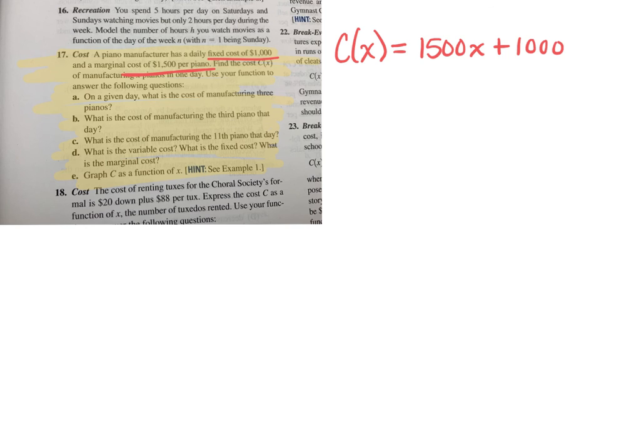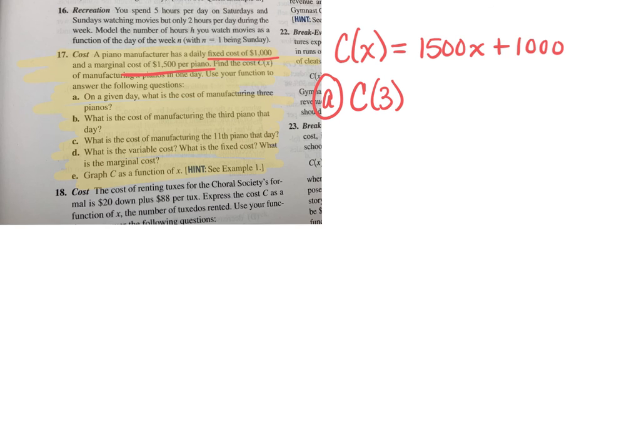Row 2, let's do part A. On a given day, what is the cost of manufacturing 3 pianos? How do we go about finding that? Yes. So we're finding what? So we use our function that we found. So you substitute in 3. Good.